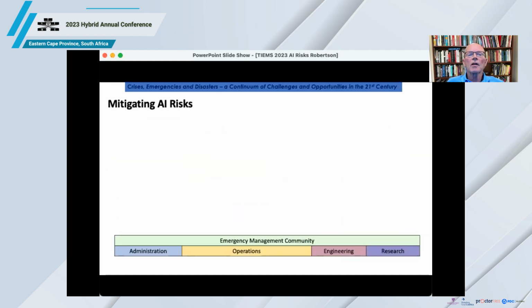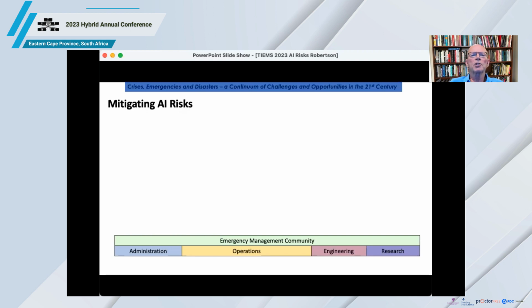So how does this impact emergency management? I'm going to talk about the impact in terms of 4 areas. Whether as an emergency manager you operate in an administrative capacity, or you're an operator and a responder, or whether you're engaged in engineering or in a position to influence research, you can help mitigate AI risks.